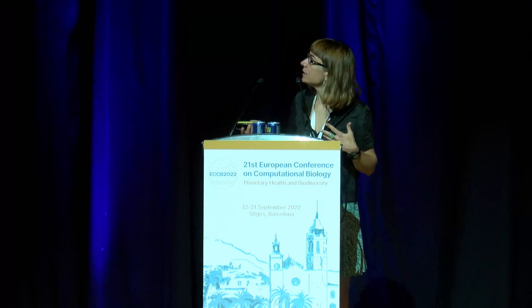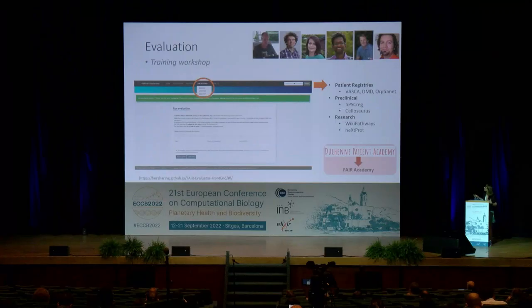And we did this with several resources: patient registries, VASCA for vascular ones, Duchenne, and registries already listed in Orphanet; preclinical ones from this human pluripotent stem cell registry, Cellosaurus for cell lines; and research resources like WikiPathways or neXtProt, renowned resources for discovery and very used in rare disease fields as well.